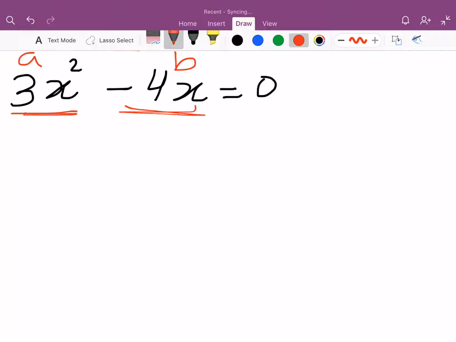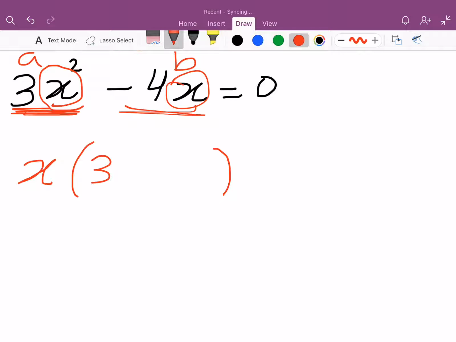So I will take the common factor, which is x in this case. I take one x out and open two brackets, and I want 3x squared. So I write here 3, because x times 3 is 3x, but I want x squared, so I write down x here.